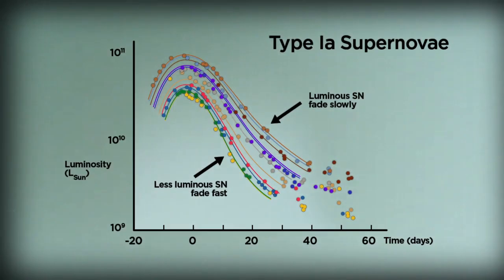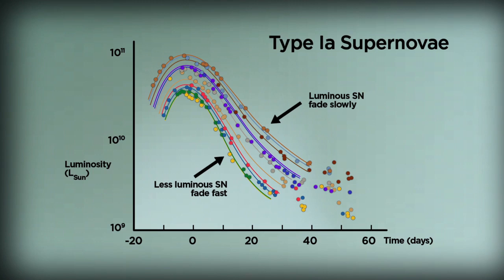And how do we know that? It's because we've spotted type 1a supernovae in nearby galaxies that also have Cepheids in them. Here's a chart showing some data for a nearby type 1a collection. The horizontal axis is time in days, and the vertical axis shows the measured luminosity of the explosion. You see how they all rise to about the same level, with differences that correlate with the duration?